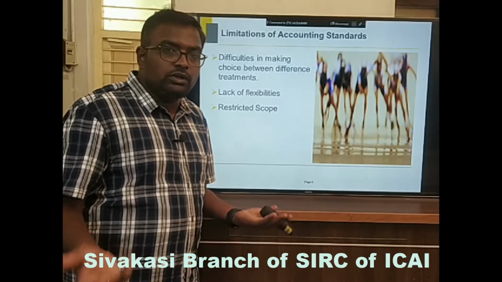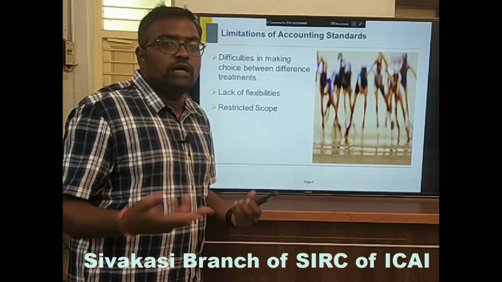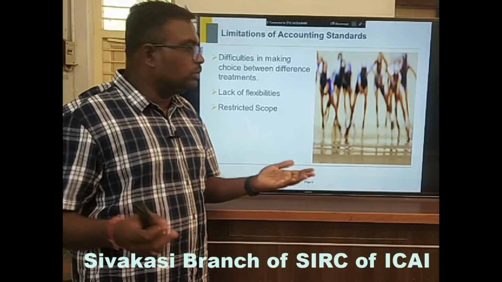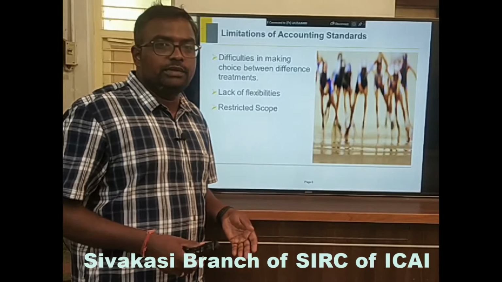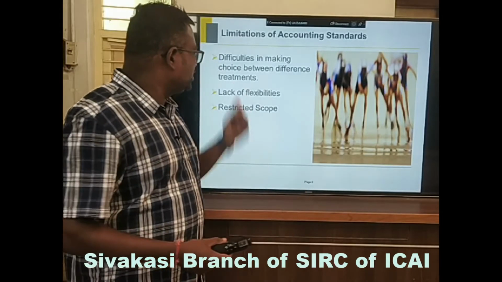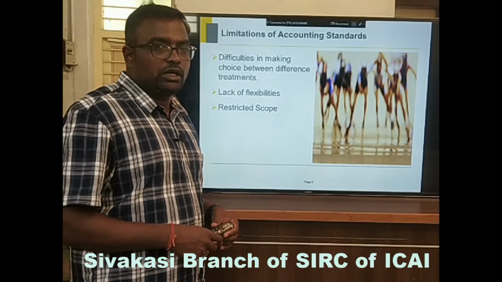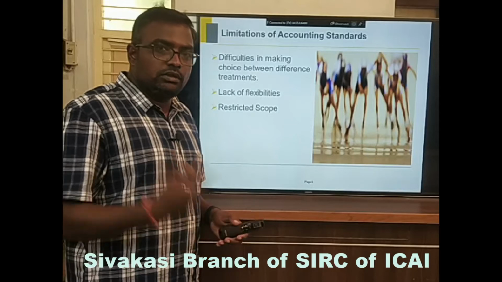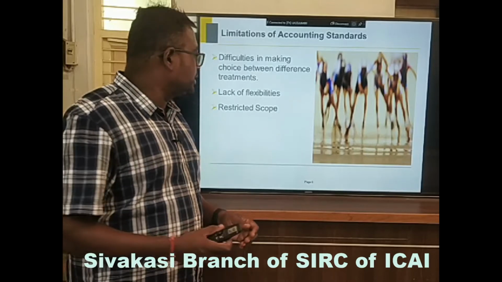Either they have to fall inside SLM or they have to fall inside WDV. So they don't have a scope; every month they have to charge depreciation irrespective of whether they are in operation or not. So there are some difficulties posed by accounting standards which are unavoidable, but authorities are working hard to remove all such difficulties.